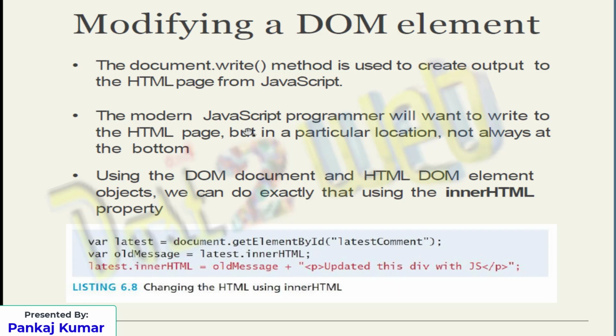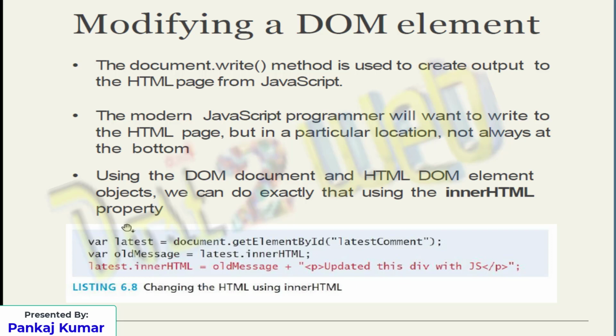Again, you can use it in the upper side also. You can see in many programming languages, even JavaScript will be at the bottom also. And using the DOM, document object model, and the HTML DOM element object, we can do exactly that using the innerHTML property. Whenever you are going to define, that means you are defining the innerHTML property.